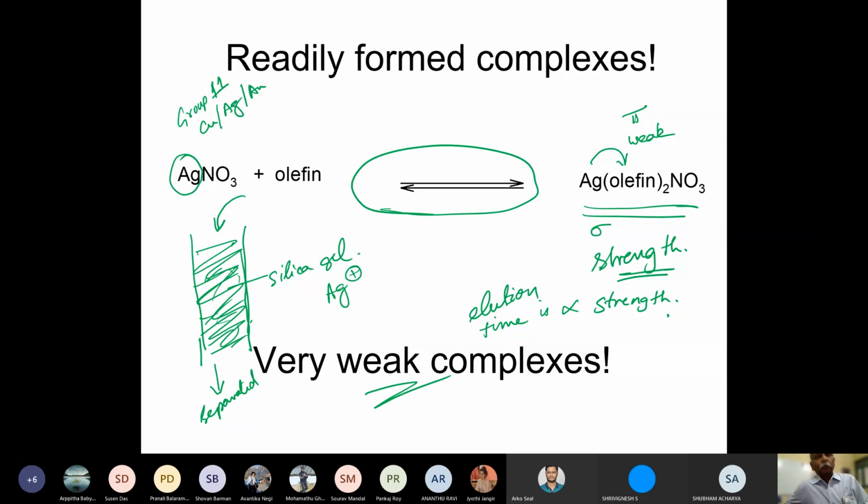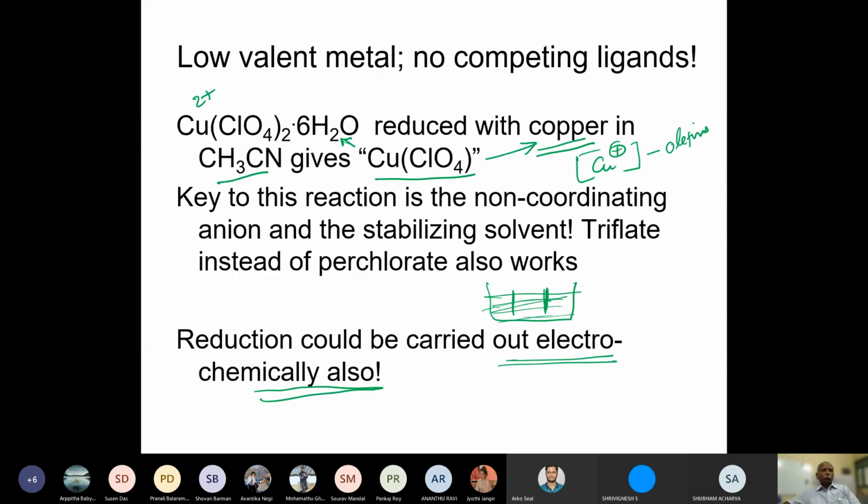This is a simple way by which you can use metal olefin complexes in a practical fashion. There are columns, both gas chromatographic and liquid chromatographic columns primarily, which separate olefins based on the silver olefin interaction.